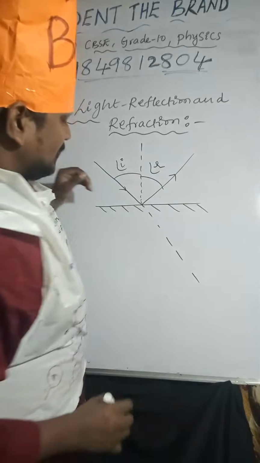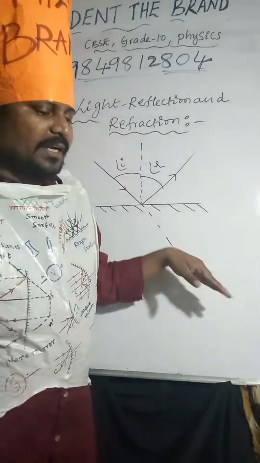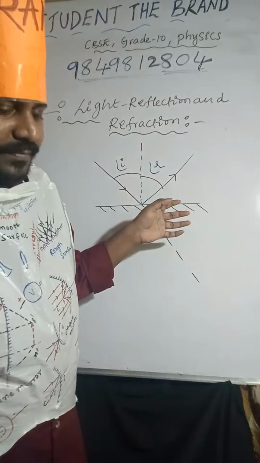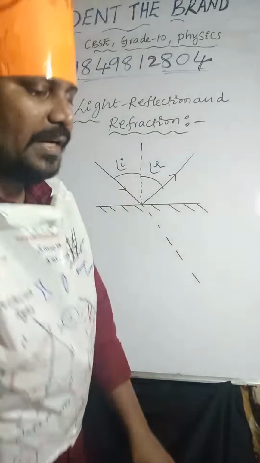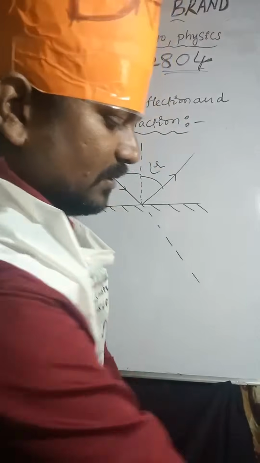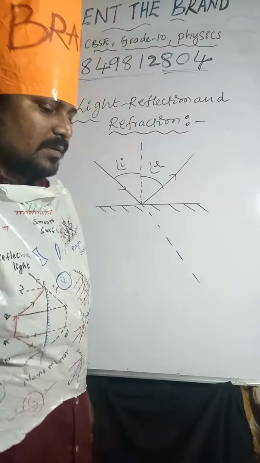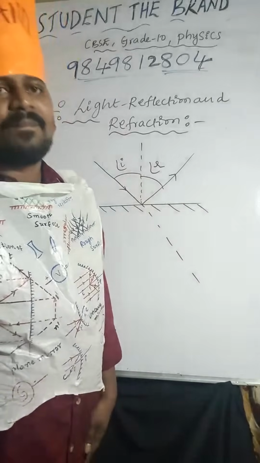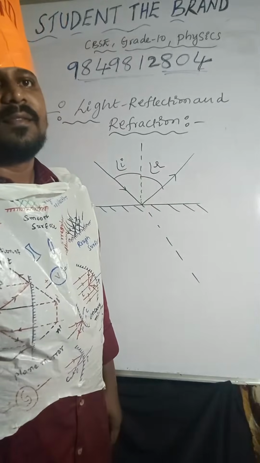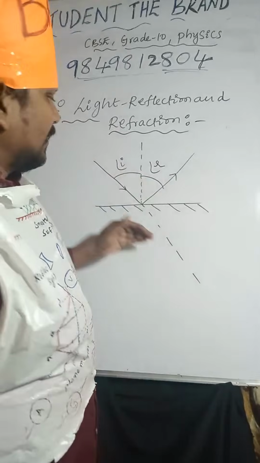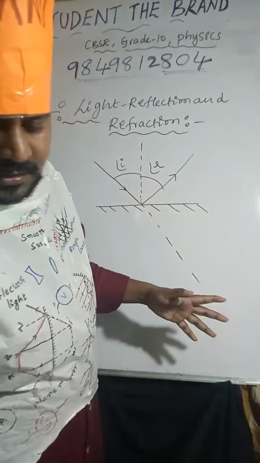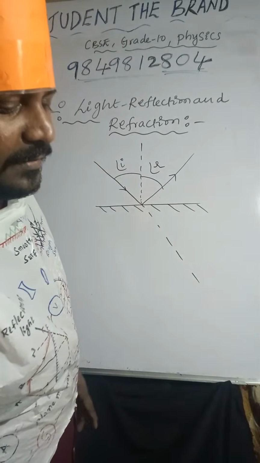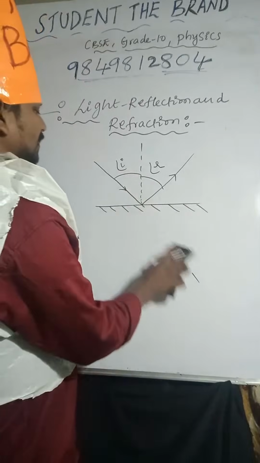And the deviating surface. Now, that is nothing but the undeviated line.